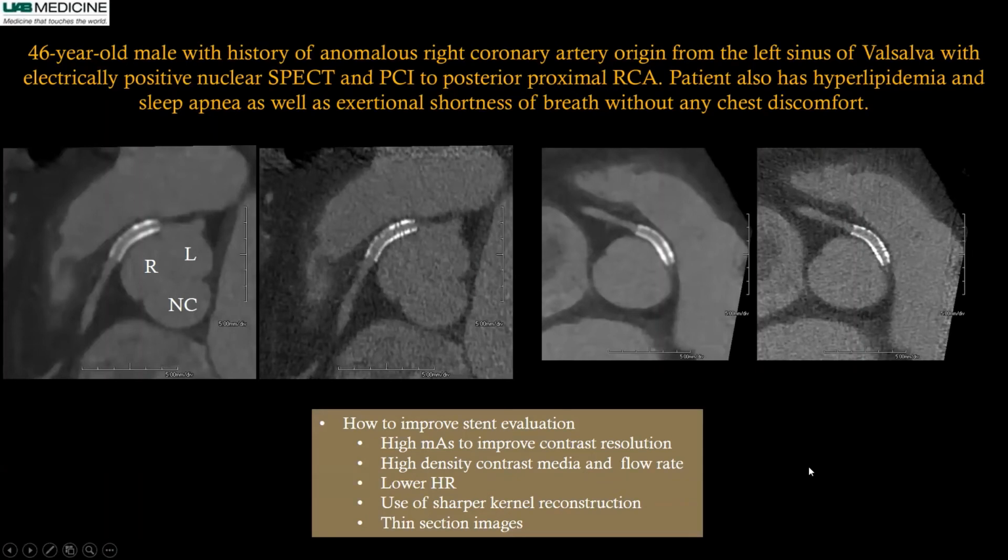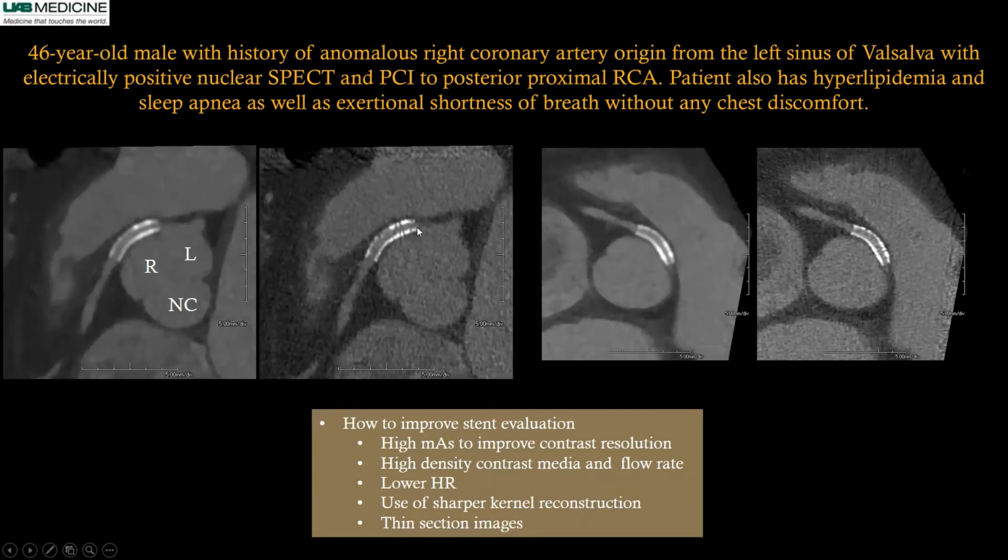This is a 46-year-old patient who had an anomalous right coronary artery arising from the left coronary cusp. This is the left main, this is the left cusp, and the RCA was arising from this. This is the right cusp and non-coronary cusp. This patient was treated with stenting, which is very rare. Most symptomatic patients undergo unroofing or sometimes CABG.